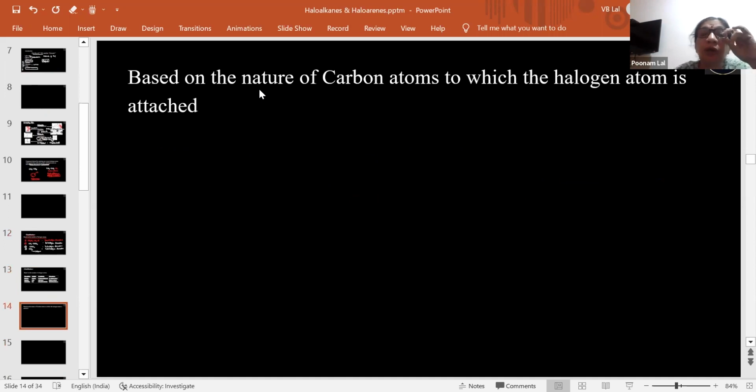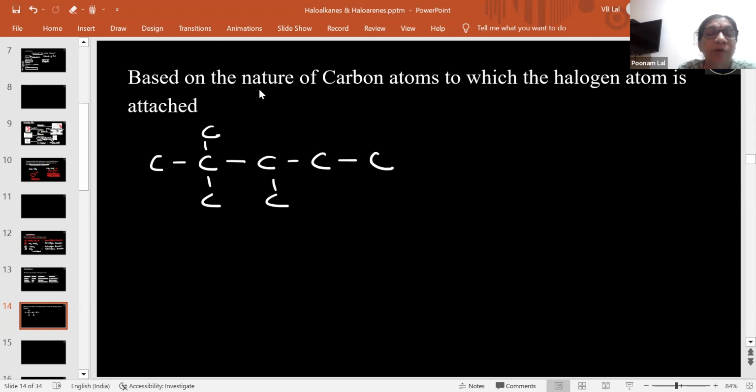Now you will have to learn the classification based on the nature of the carbon atom to which the halogen is attached. Let me just draw one. This is just a hydrocarbon that I have drawn.